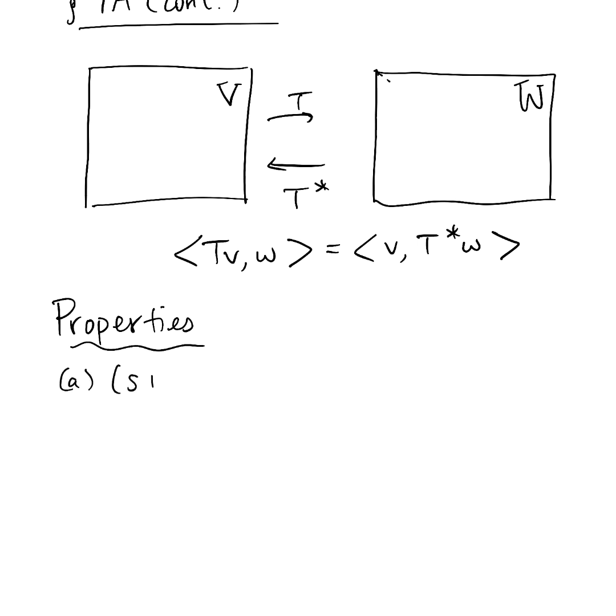All right, here are some properties. Let's say you had two different mappings from V to W, S and T. Well, then you're free to add the two mappings. And you might wonder, well, what is the adjoint of S plus T? And the beauty of it is, it's just the adjoint of S plus the adjoint of T. Or maybe you're going to scale a mapping T by some factor, lambda.